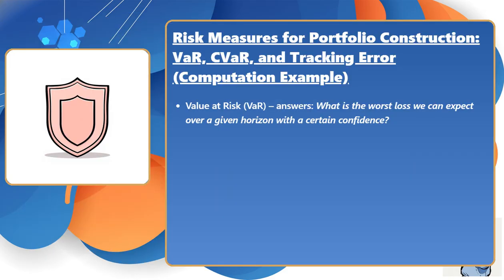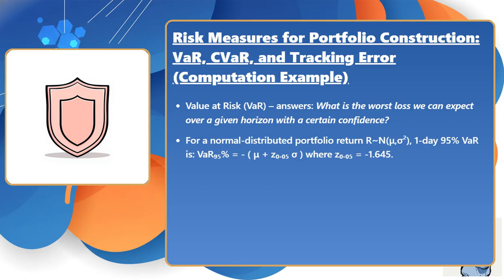Value at risk (VaR) answers: what is the worst loss we can expect over a given horizon with a certain confidence? For a normally distributed portfolio return R ~ N(mu, sigma squared), one day 95% VaR is VaR 95% equals negative open parenthesis mu plus Z 0.05 sigma close parenthesis, where Z 0.05 equals negative 1.645.